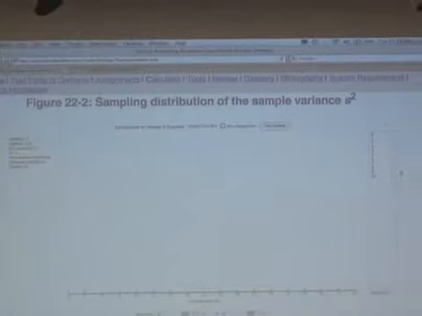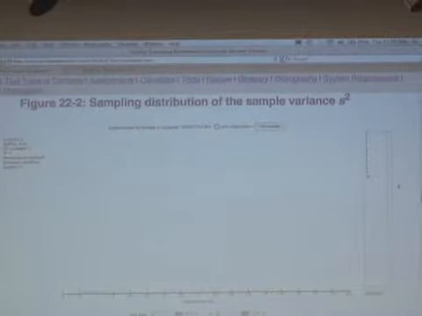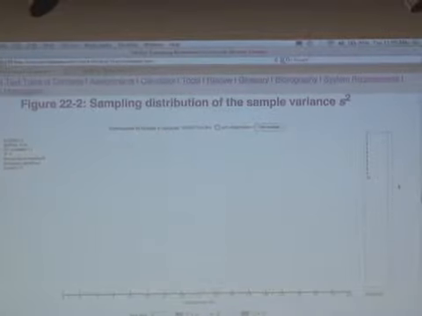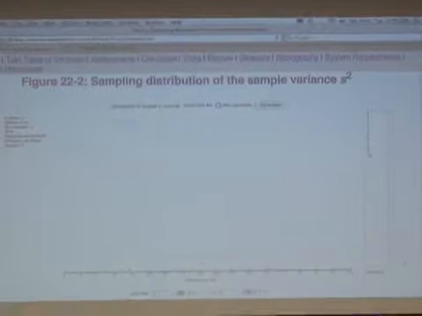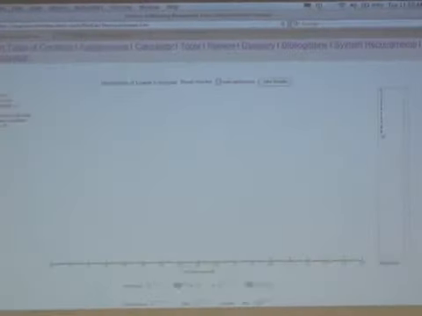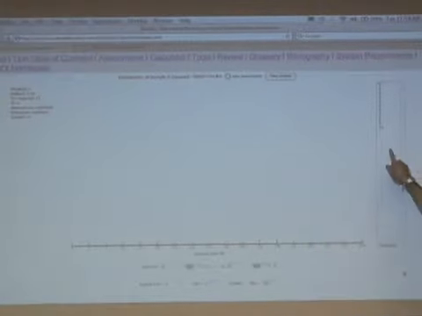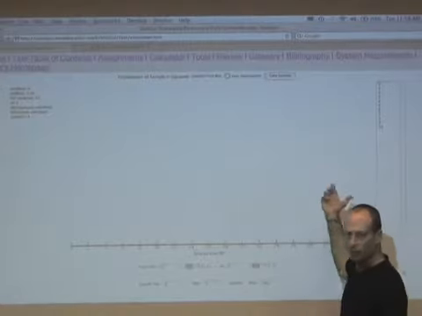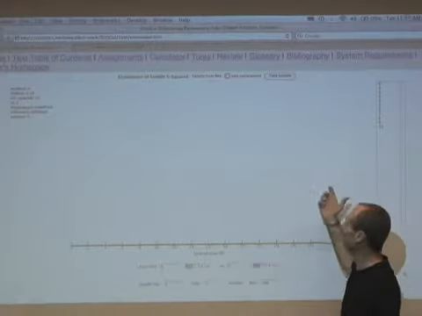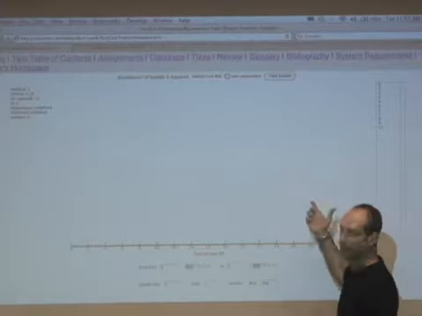Okay, S squared is called the sample variance. Okay, so this is our sampling applet as before. We've got the numbers 0 through 10 in the box. But now what we're calculating instead of the sample mean or the sample sum is S squared.